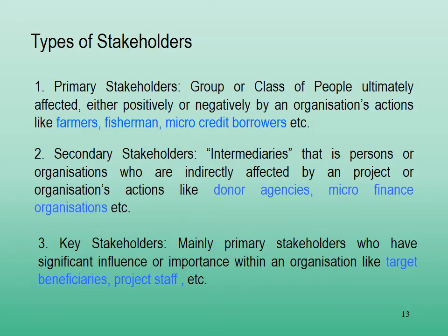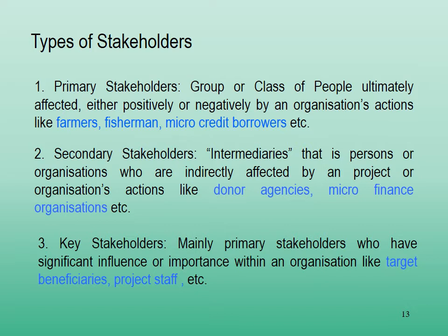So there are three types of stakeholders: primary stakeholders, secondary stakeholders, and key stakeholders. Primary stakeholders are the group or class of people ultimately affected either positively or negatively by an organization's action. Action here means the development intervention, I mean the project activities.